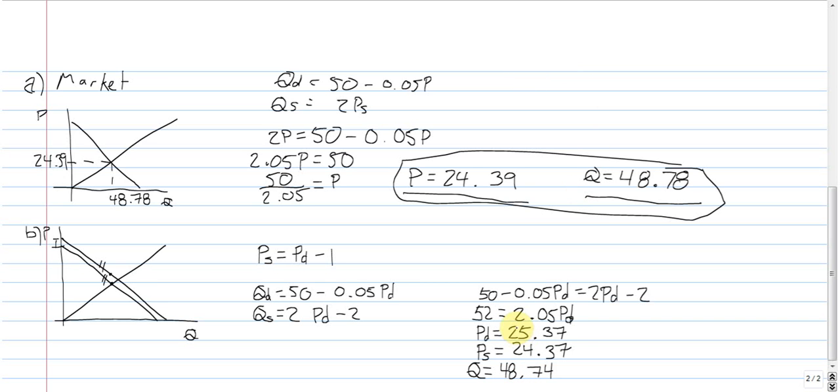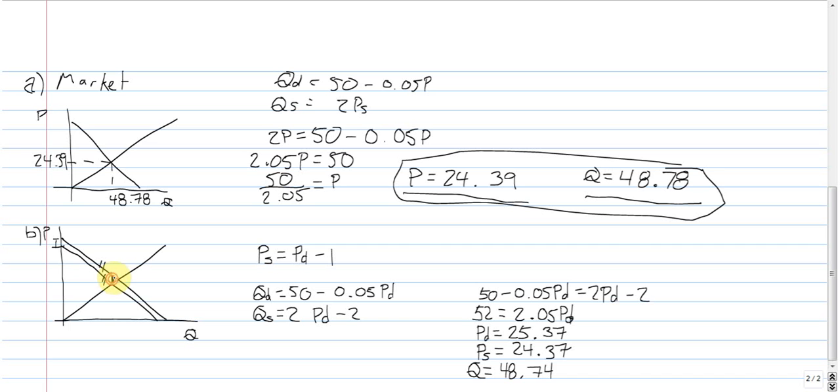They should be equal. You can just take my word for it on this one, or if you want to check, you're welcome to do that. But anyways, now we want to look at the change in the consumer surplus, right? So we want to look for this deadweight loss, which you're probably familiar with, the little triangle that I've drawn here.